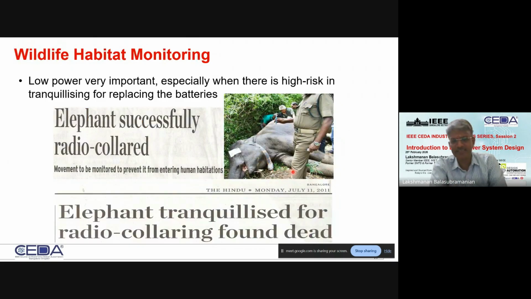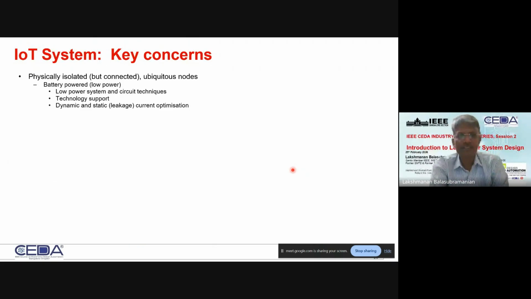So these are various examples. Again, with all of this, what do we see? Most of these are characterized by being physically isolated, right? When you have so many sensors thrown throughout your bridge, or for example, in wildlife habitat monitoring, or the RF collar, ID collar employed on individual animals and things like that, they cannot be wired.